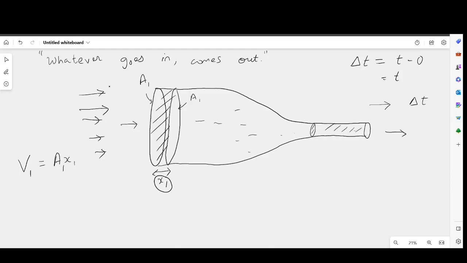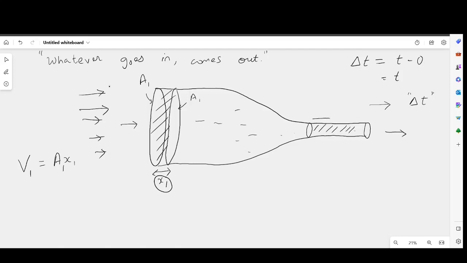It can be more, it can be less, and so on. So let us assume it is some volume. We don't know what it is. This much volume comes out in the same amount of time delta t.